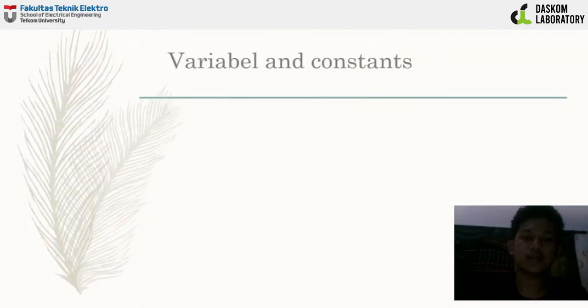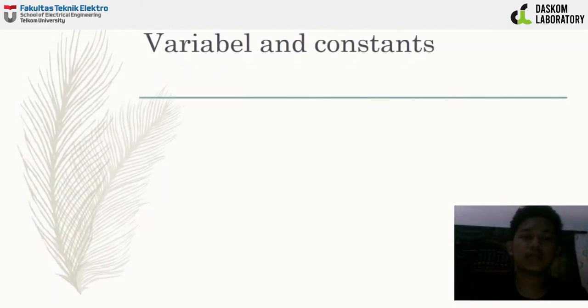So, next is variable and constant. I'll not explain this in detail, but you can search for it in the modules. I'm going to explain it briefly. A variable is a name for data that has a value, and you can name it freely.